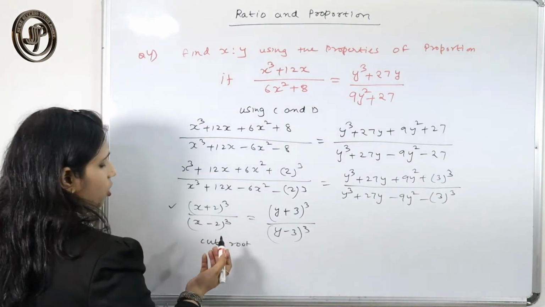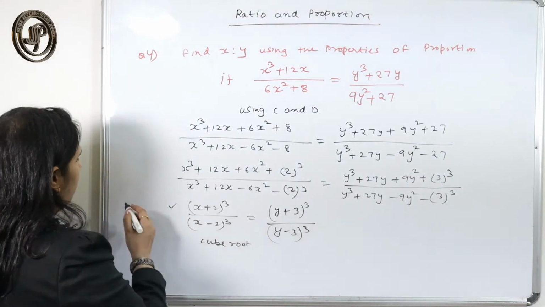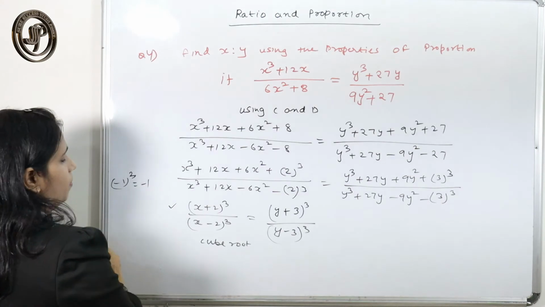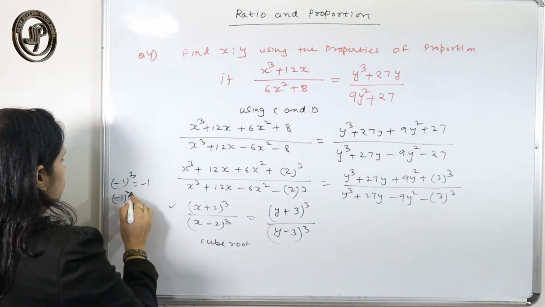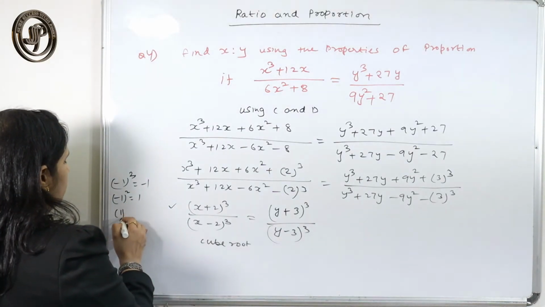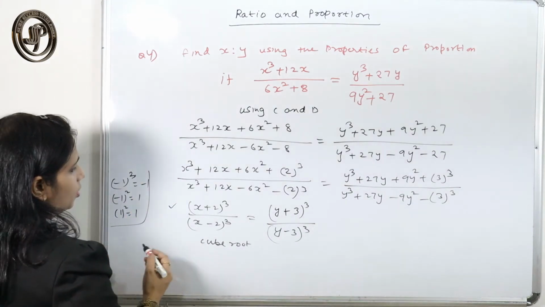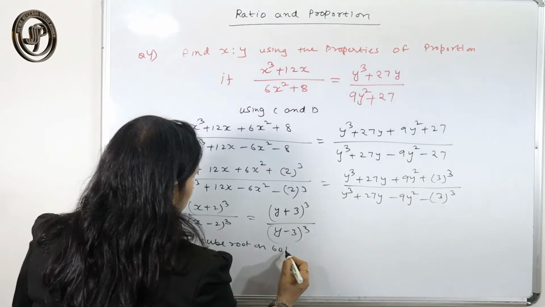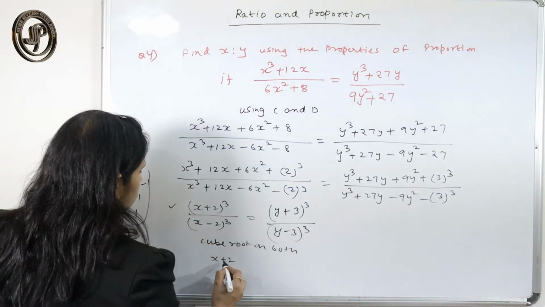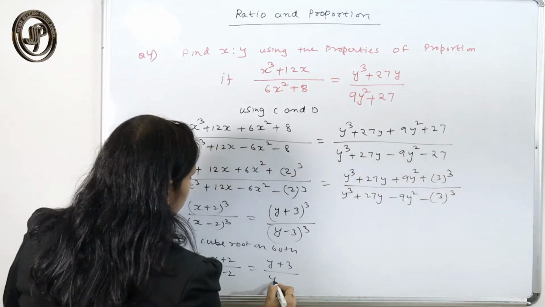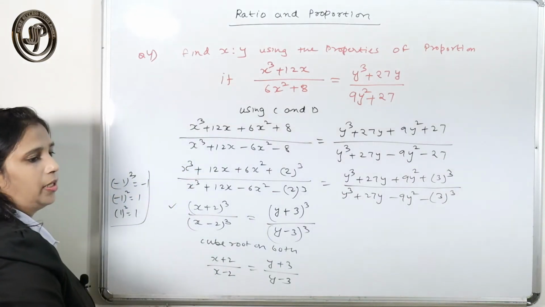The cube of minus 1 will be only minus 1, but the minus 1 square is 1 and 1 square is also 1, that's why. Okay, cube root on both sides. So we get x plus 2, x minus 2, y plus 3, y minus 3.